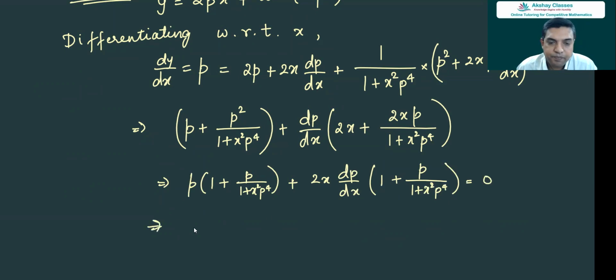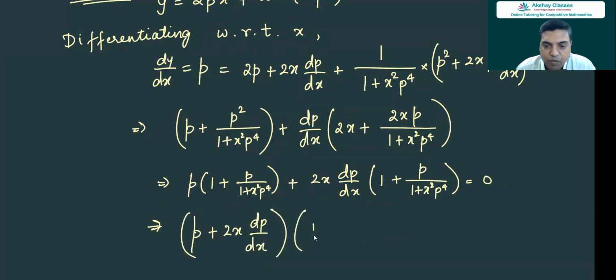So now we can take this term common. So you get p plus 2x dp by dx times 1 plus p by 1 plus x square p power 4.